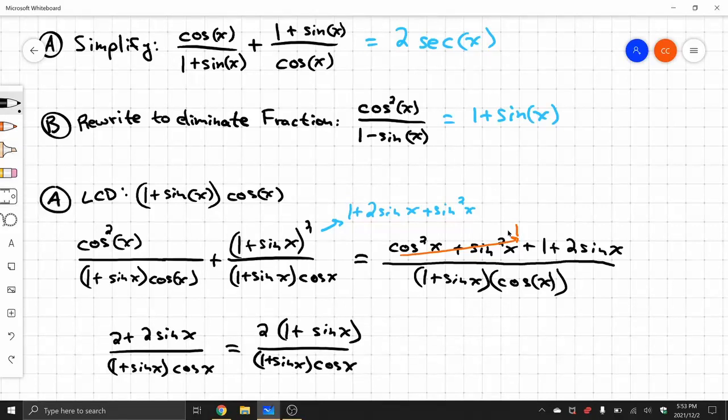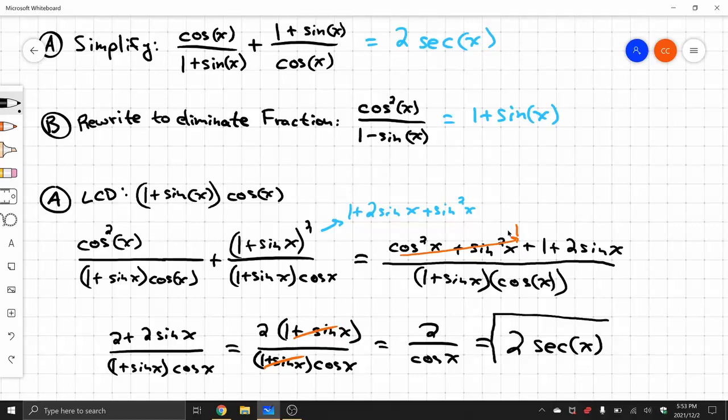And here I can see that my 1 plus sine of x will cancel out, and I'm left with just 2 over cosine x, or 2 secant x. 2 secant x for my final answer.